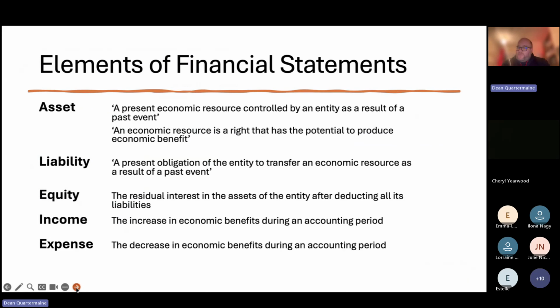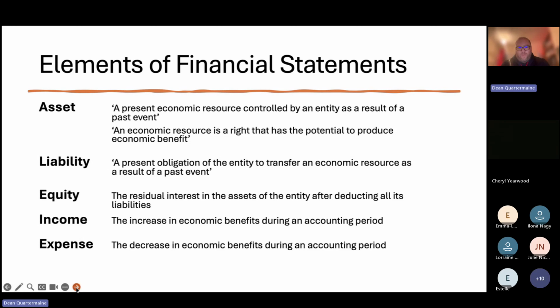So the various elements of financial statements then. So these are the things that hopefully we all know. Yeah. However, there's almost some really nice textbook answers at the side around what these things actually are. So certainly at level 2 and level 3, we've talked about every single one of these things.